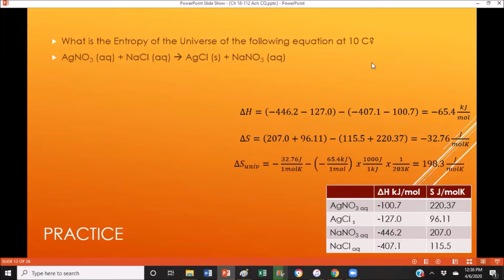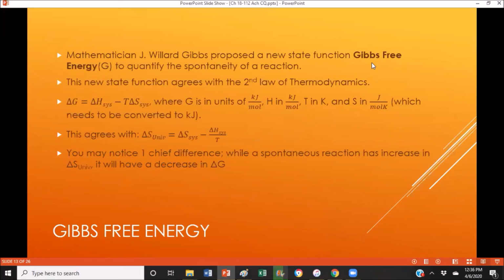So this is going to give us our main concept of this chapter, which is Gibbs Free Energy. Based on the scientist Gibbs trying to quantify spontaneity: how do we quantify how spontaneous this is?